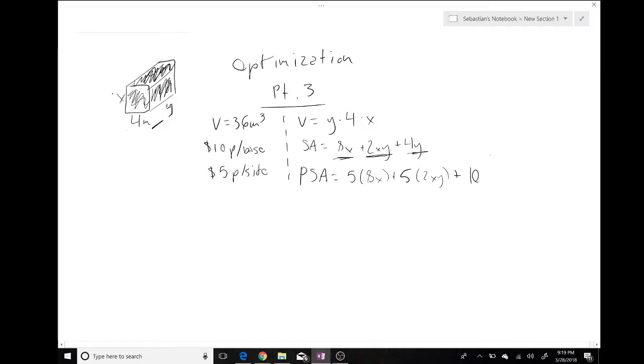Plus 10 times 4y, because it is the only base we have.